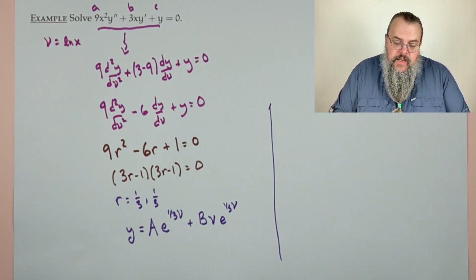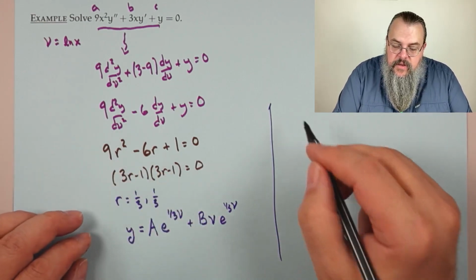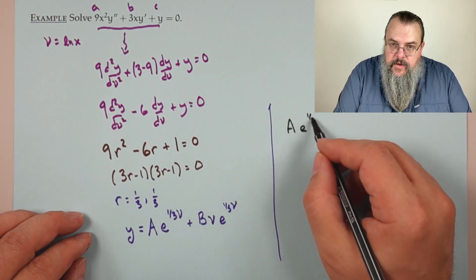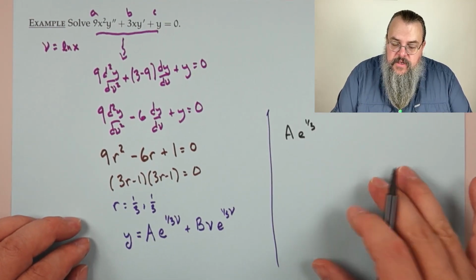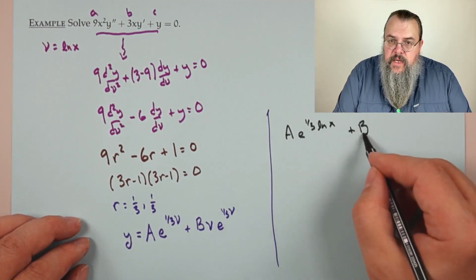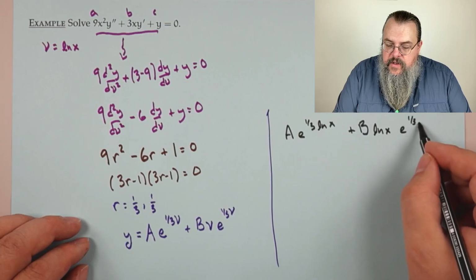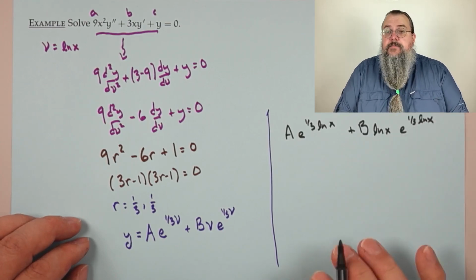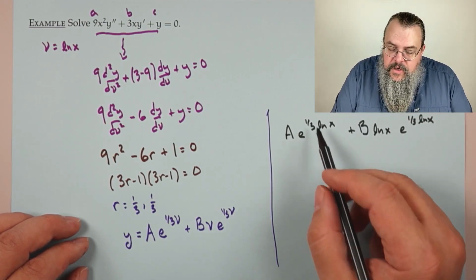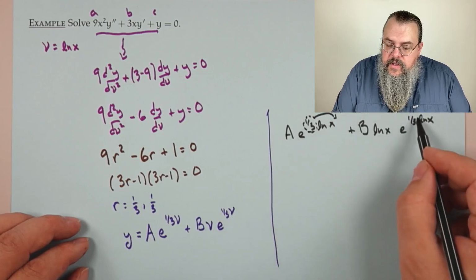To help us do that, we know that mu is log x. So this becomes a e to the 1/3 natural log of x plus b natural log of x e to the 1/3 natural log of x. Now, this is correct, but we can do a little bit more. For example, notice we can bring the 1/3 inside.